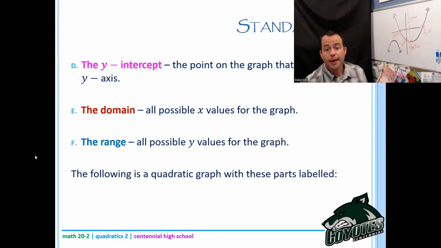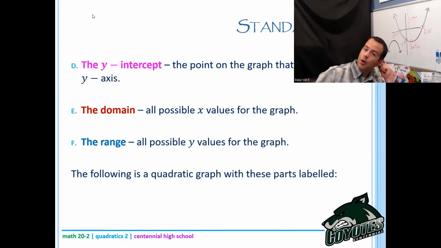Okay, then we'll also be talking about the domain and range of these graphs, just like we did in 10C. The domain is all the possible x values, the range is all the possible y values. You will have to be specific in how you write those, okay? We need proper set notation for domain and range, or interval notation if you know how to do that. We won't focus too much on interval notation in 20-2, but it is a thing, and if you want to do it that way, that's totally fine.